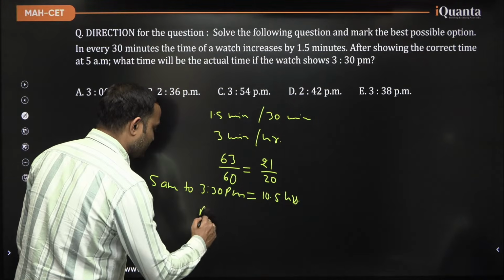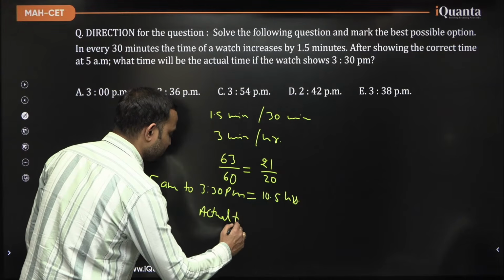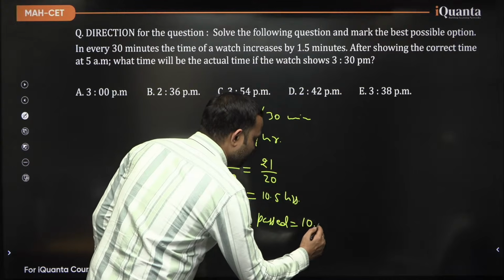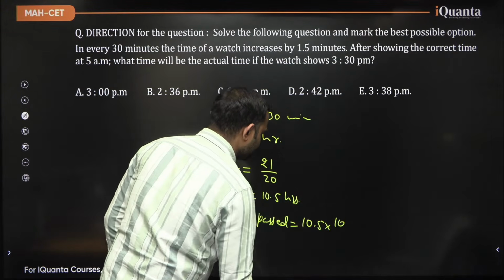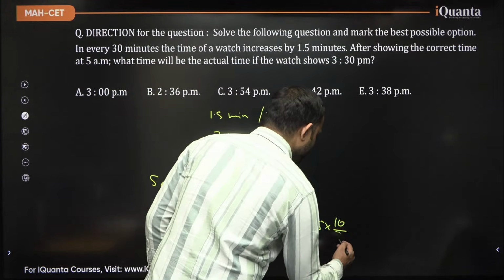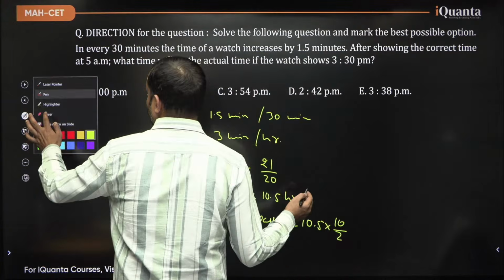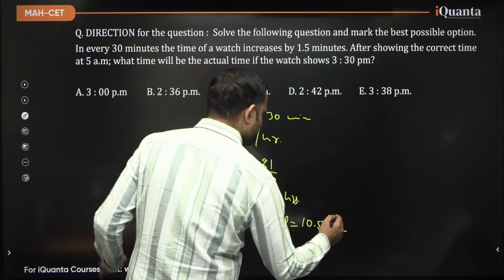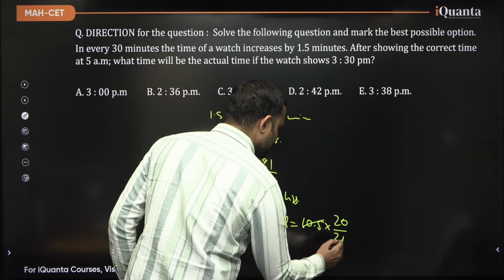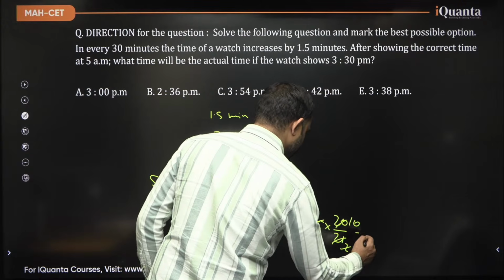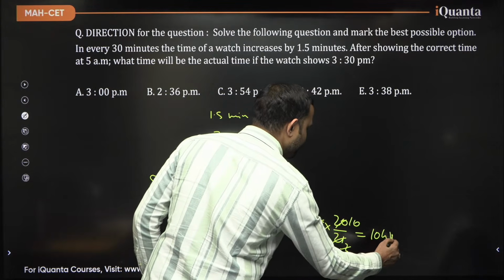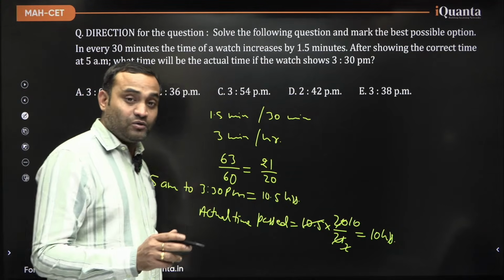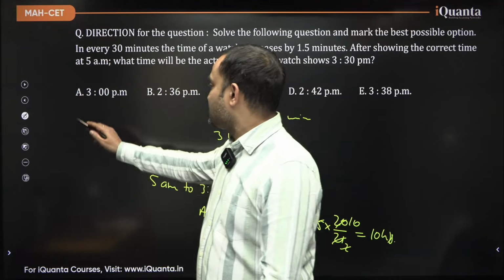So, what will be the actual time passed? 10.5 into 20 upon 21. So, this is 2 times, this is 10 times. So, 10 hours have passed. So, 5 am plus 10 hours will be 15 hours, or 3 pm. So, the answer is option A.